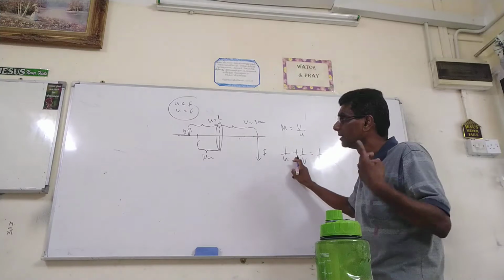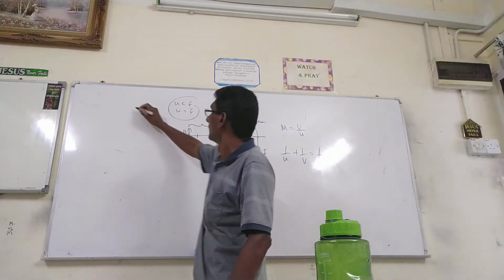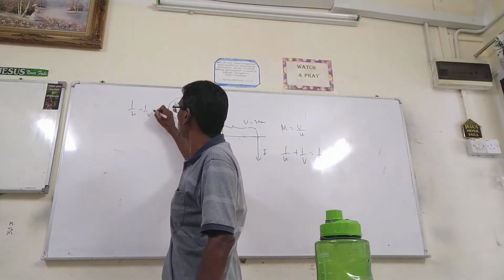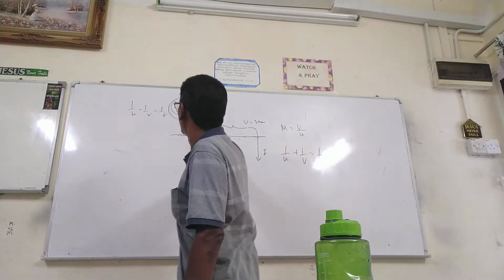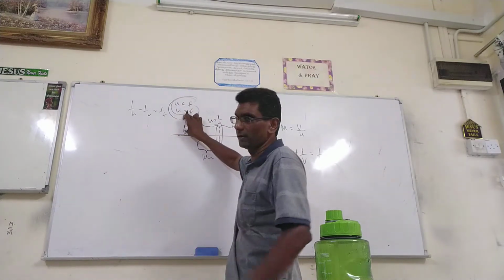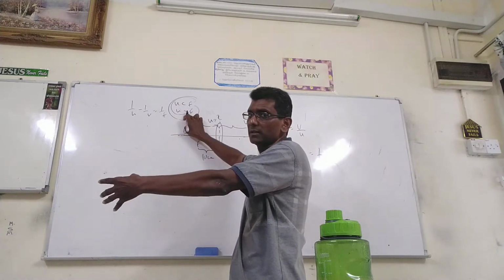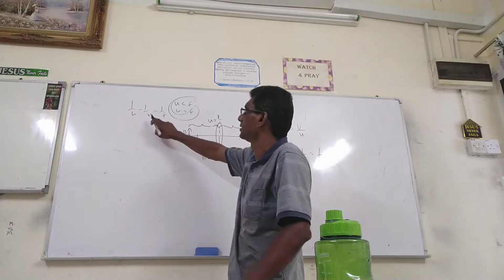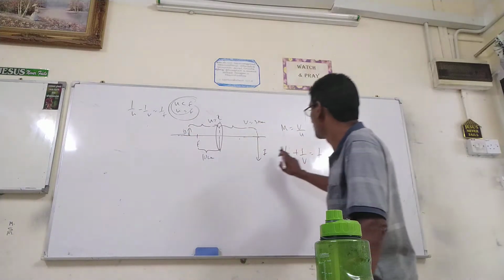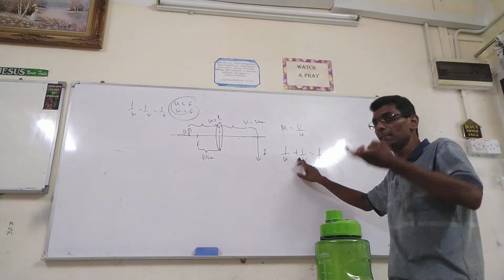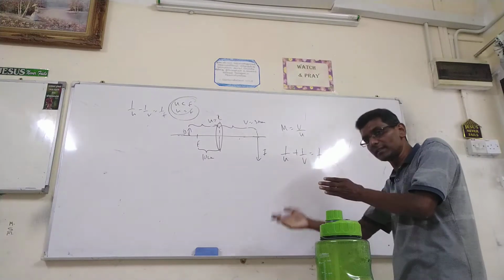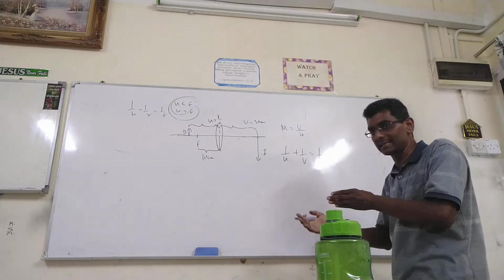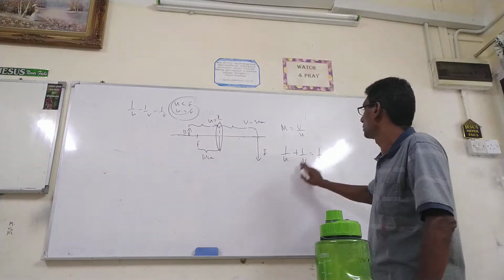Minus, 1 over U minus 1 over V equals 1 over F, is for the two categories U less than F and U equals F, where the image is on the same side as the object. But here you must use plus, because the image is on the other side of the lens, behind the lens.